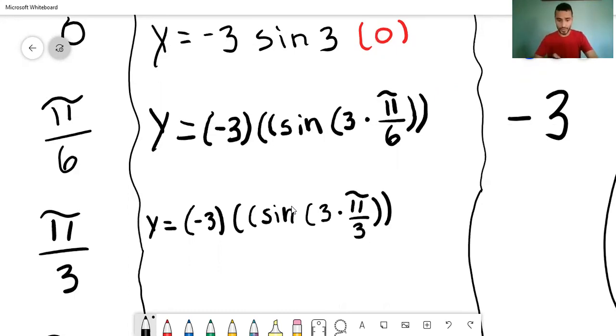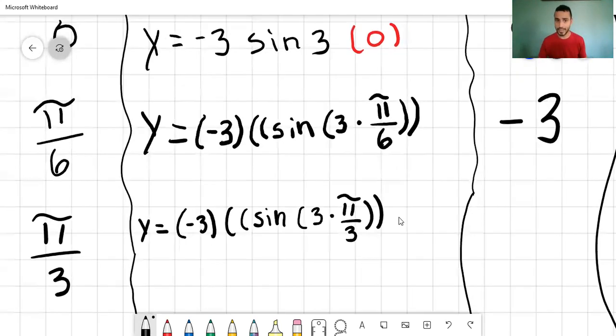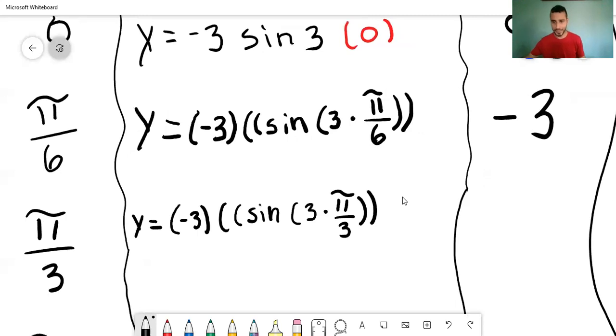In your calculators, you can put the times, it's okay. I'm going to do it here in the calculator, and I want you guys to do it as well. The answer that you are going to get must be 0. Just one thing: your calculator must be in radians, not degrees.